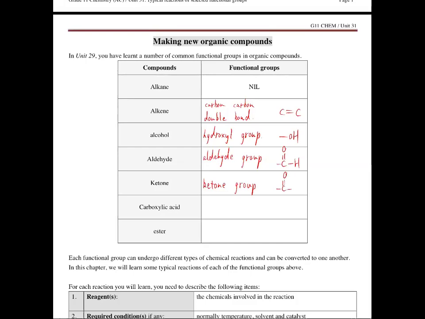And then the next one we have is the carboxylic acid. For this one, the functional group we write C=O, and then we have OH. That's the functional group, and how do we call it? It's not carboxylic group. We call it carboxyl group.